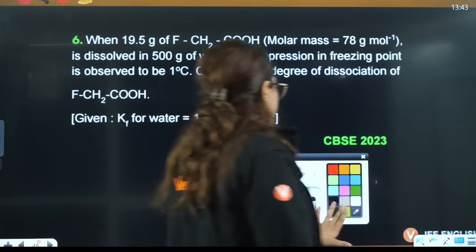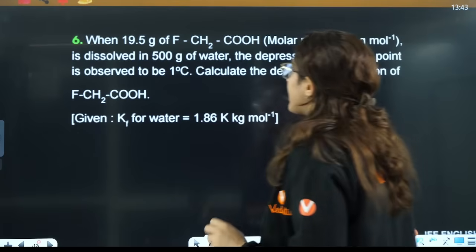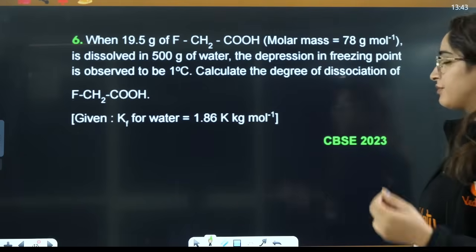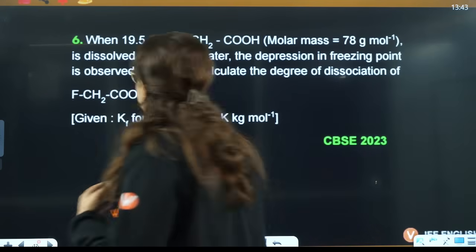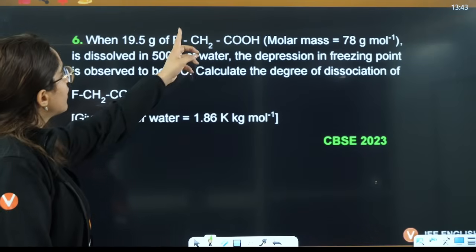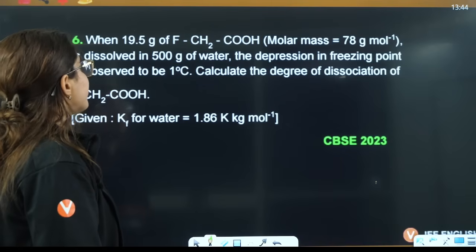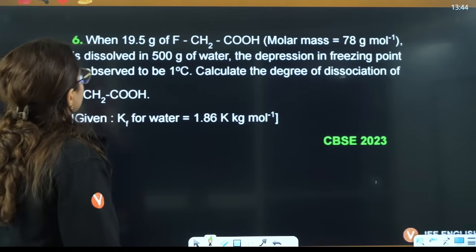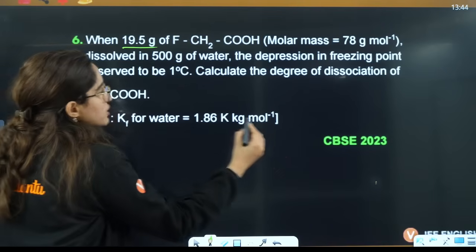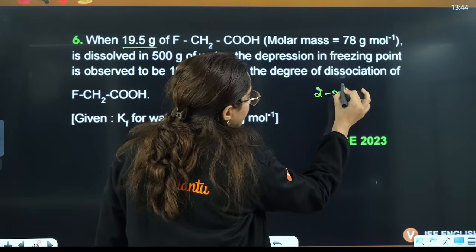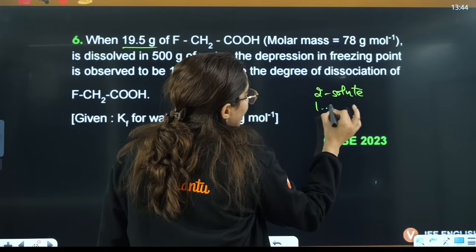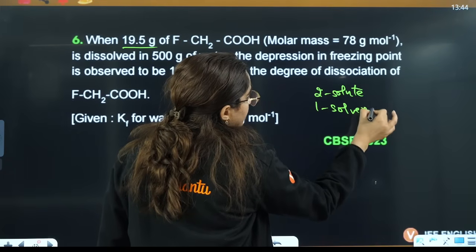Next question is, they are asking you, when 19.5 gram of this compound with molar mass, this is dissolved in 500 gram of water. That means weight, now always 2 represents solute, 1 represents solvent.